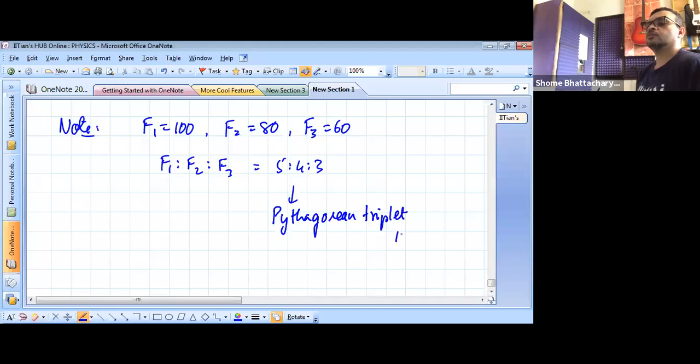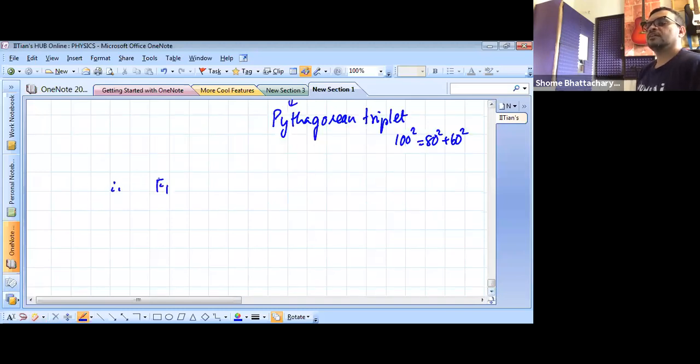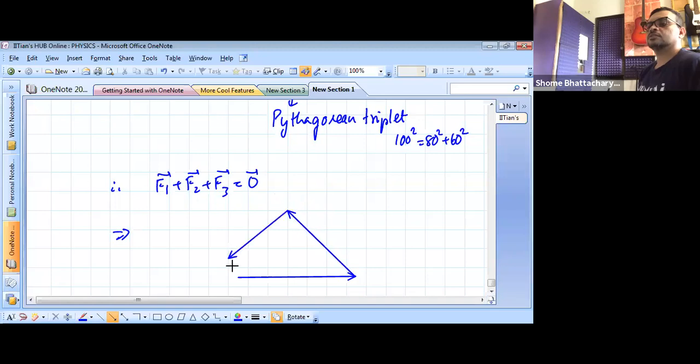That is, 100 square is equal to 80 square plus 60 square. Therefore, F1 plus F2 plus F3 equals 0 implies that they are forming a right angle triangle. Something like this.